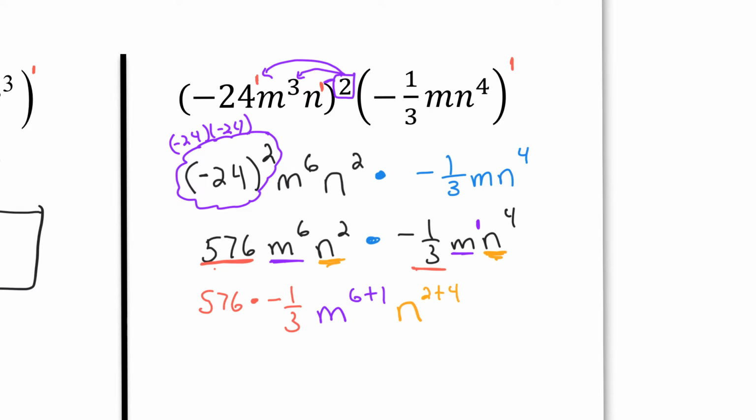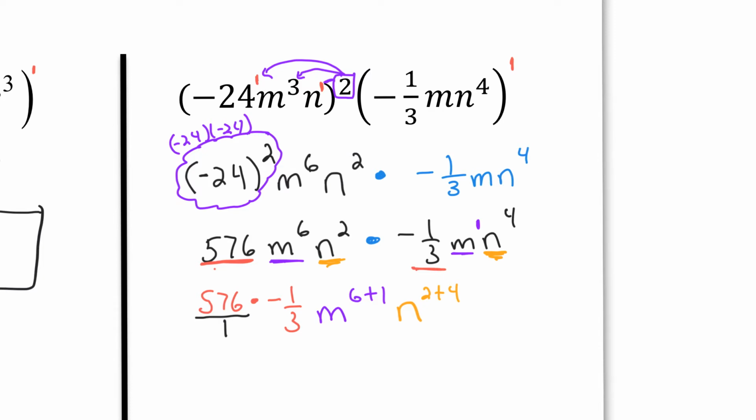Now don't get confused, guys, or don't get scared with the fractions over here. When you multiply fractions, let me just put it here. I'm going to make the 576 a fraction. You can actually cross simplify. And 3 goes into 576 192 times.